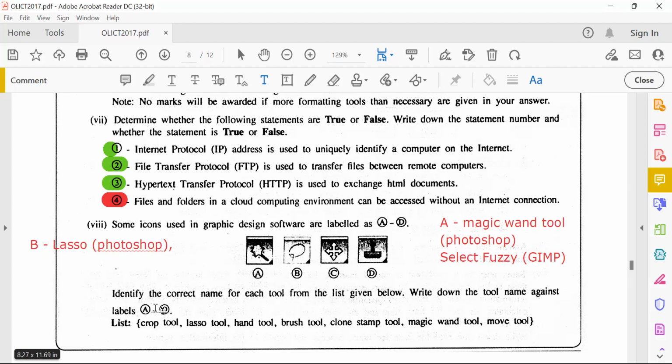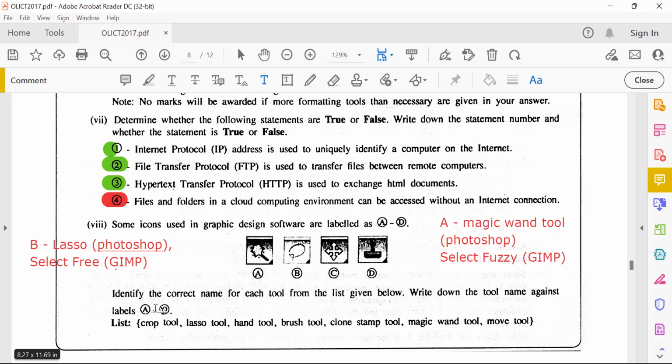But in GIMP, we will say Select Free. Select Free is the name given in GIMP. So you better know both of these cases. We never know what they might give you.